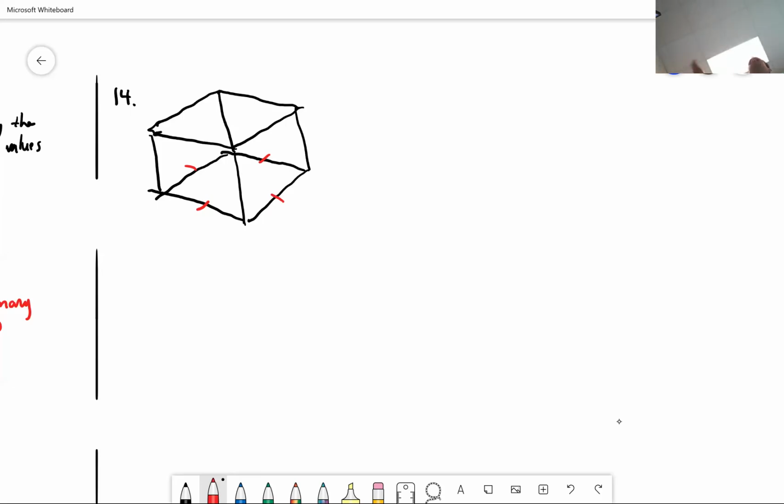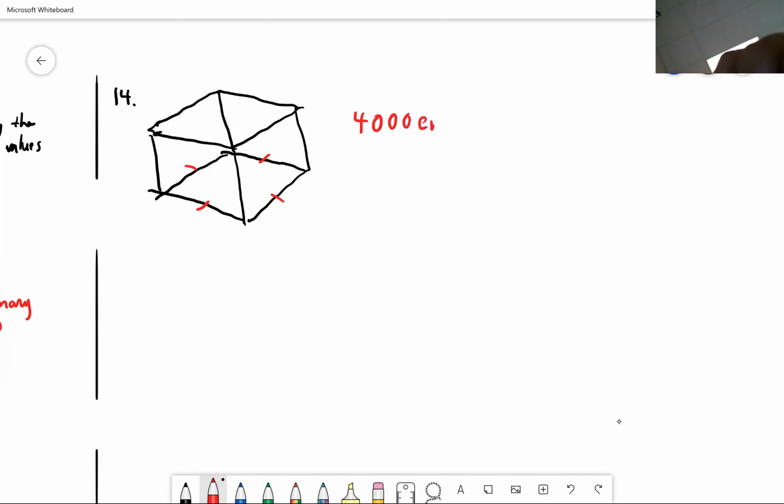So there we go. That is an open rectangular box with a square base. So it's not a rectangular box, it's a square box, but whatever. And its capacity is to be 4,000 centimeters cubed.